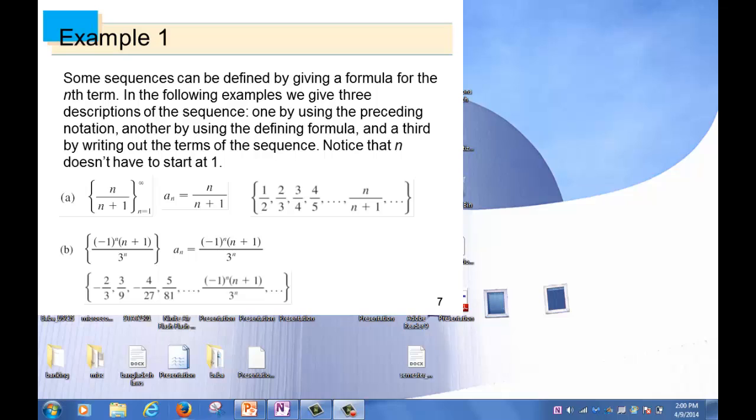Okay, what are the first few values of this sequence? When n is 1, do it in your head, please. When n is 1, what do you get? You get negative 2/3, right? When n is 2, just practice in your head what's the value. I mean, I have the values there. 3/9, right?